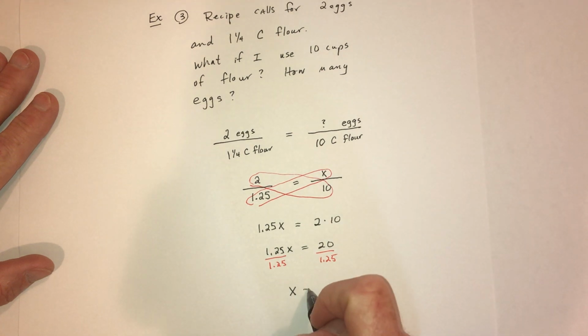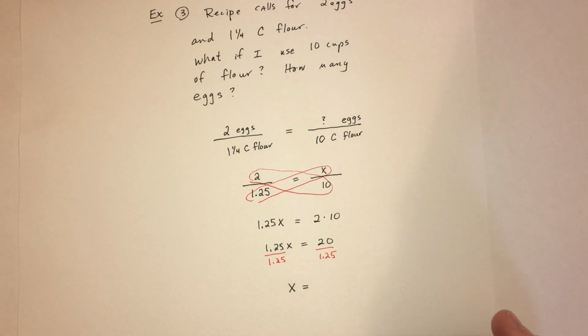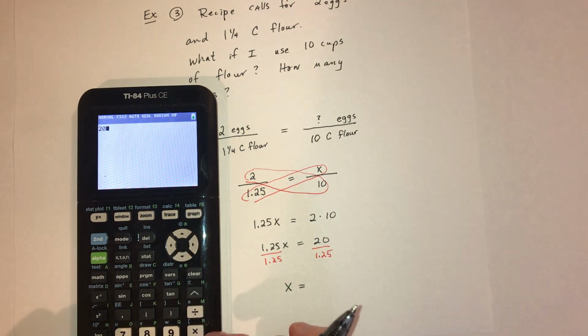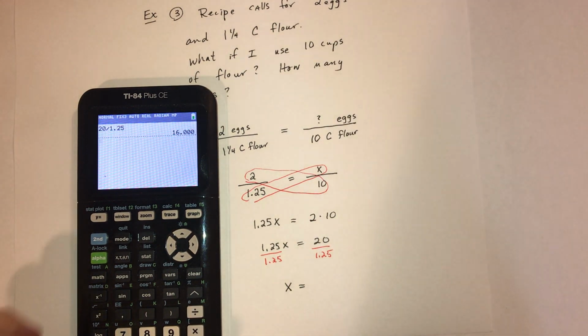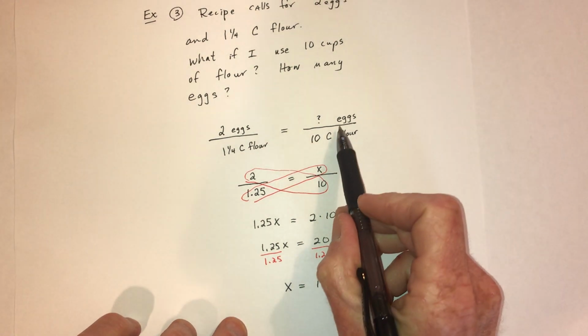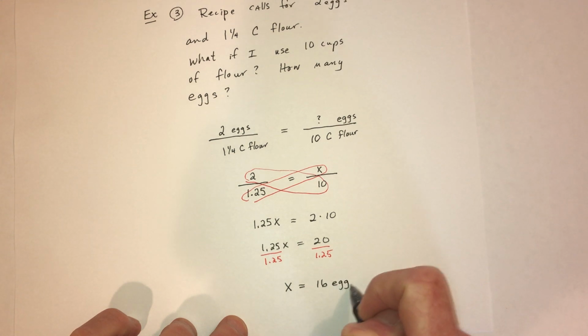And so x is going to equal 20 divided by 1.25, which is 16. And I should label the answer 16 eggs.